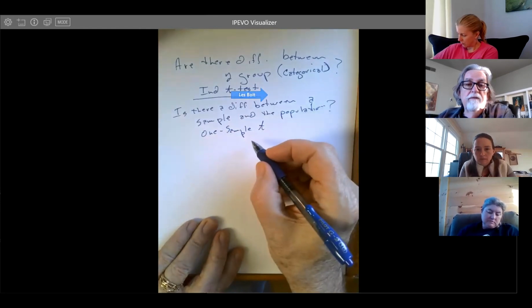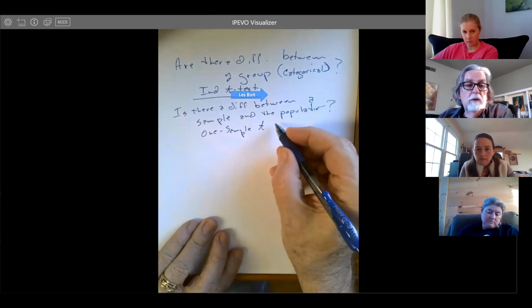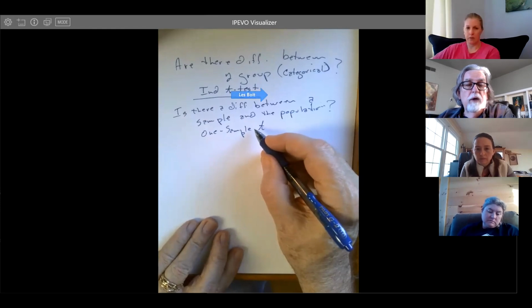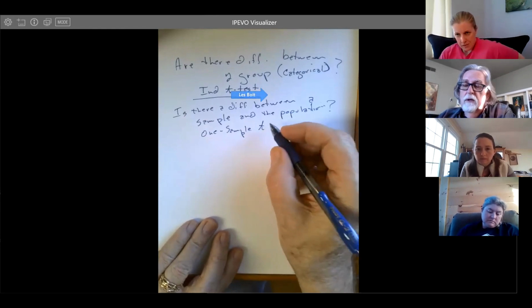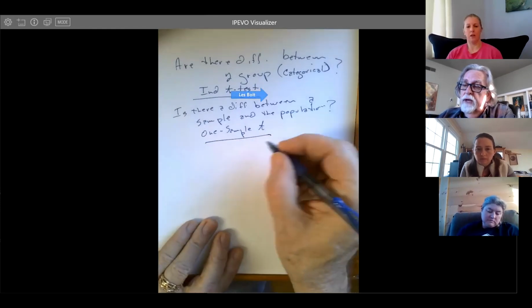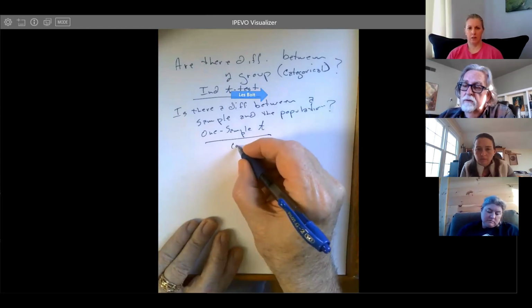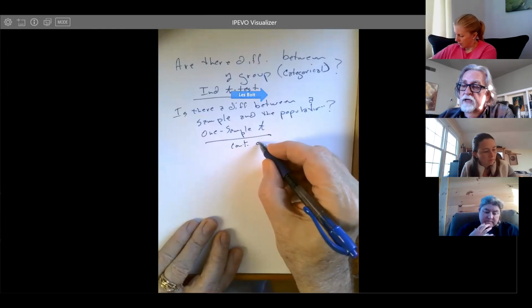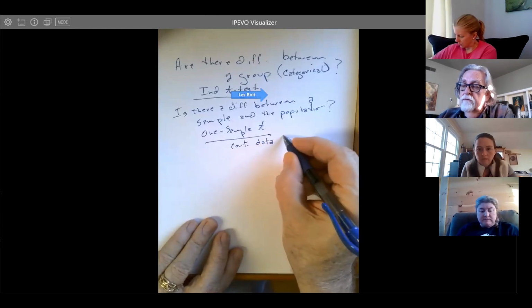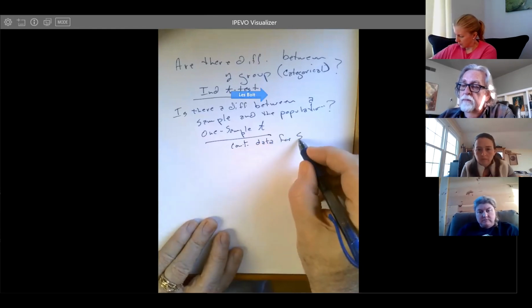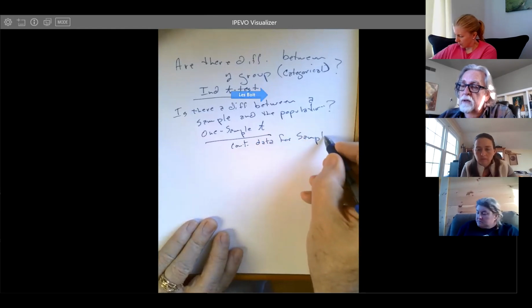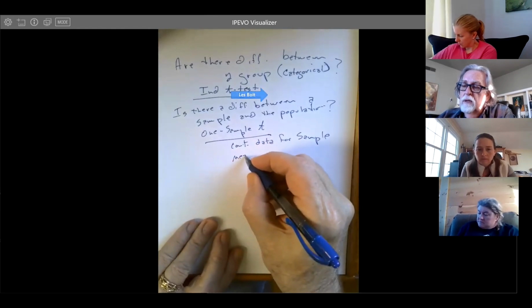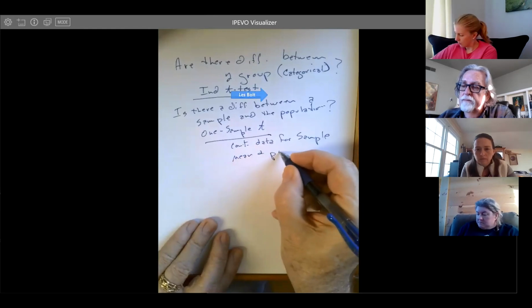We have one sample t, and we have continuous variables, or continuous data, for sample mean and population mean.